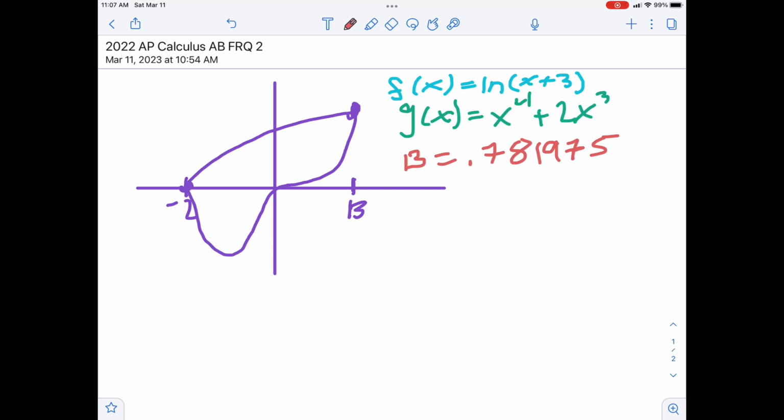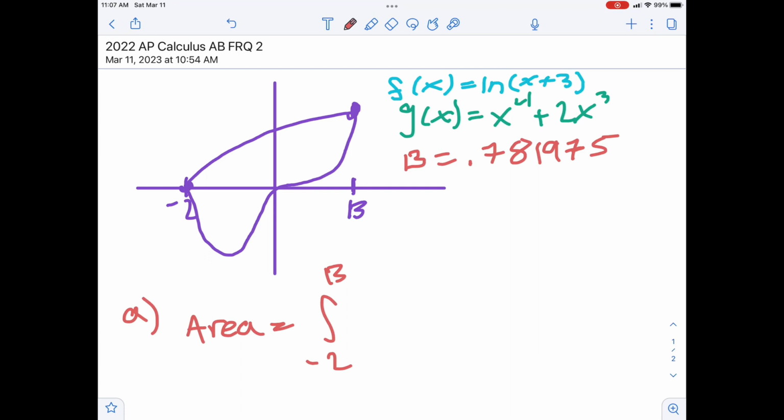Part A says to find the area enclosed by the graphs f and g. Well, this should be pretty easy for us now. We can say that area is just the integral from -2 to b. This is definitely a time when you would want to integrate across your x-axis just based on the situation, and so that's why I'm using -2 to b.